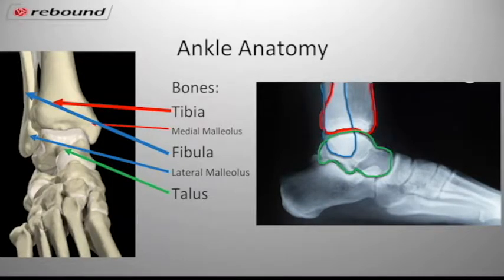As far as basic bony anatomy of the ankle, there are three basic bones that make up the ankle joint. The first is the big shin bone, the tibia, and it has a couple of different structures associated with it. One that is commonly associated with ankle injury is the medial malleolus, as well as in the back the posterior malleolus.